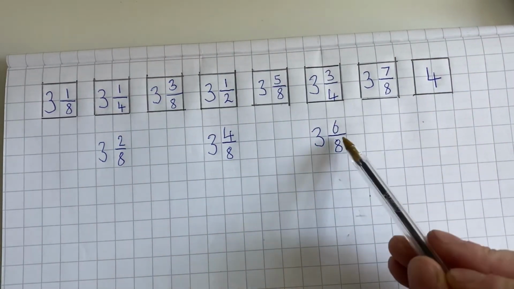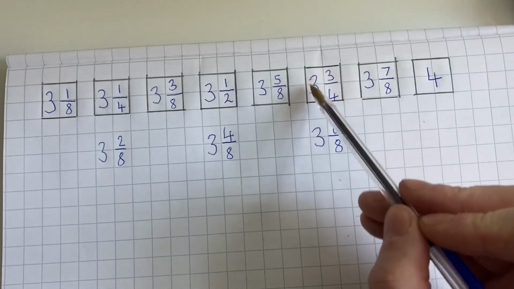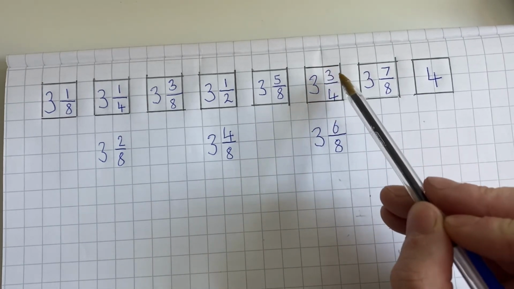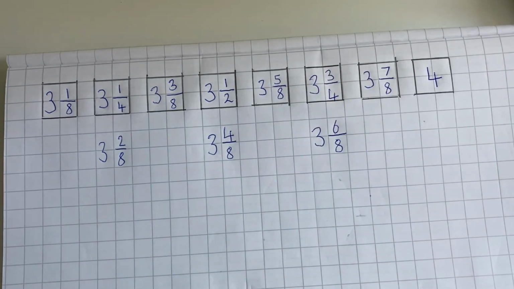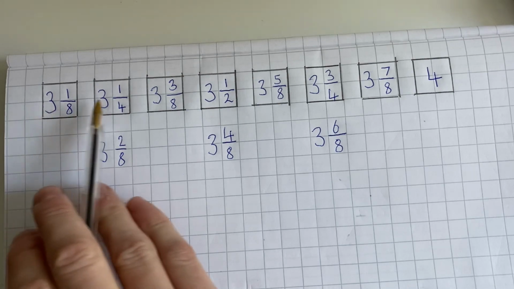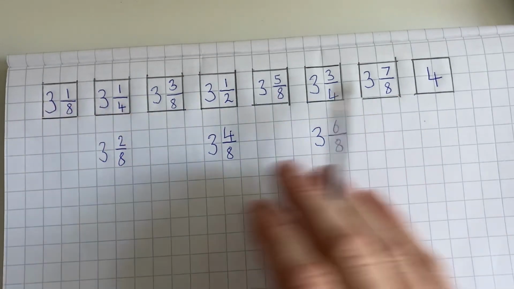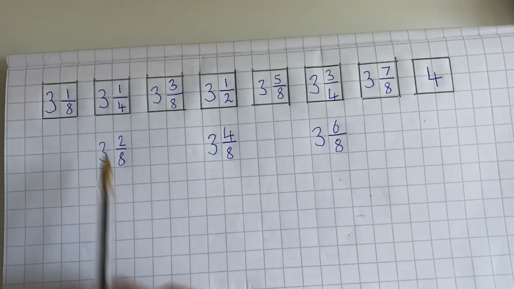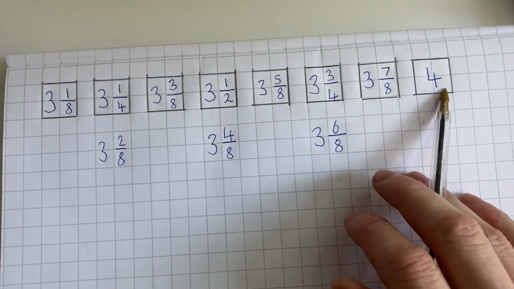If you put this answer here, this is correct, but this is also correct. Both of these fractions, 3/4 and 6/8, have the same value. So this is now our sequence order of fractions from smallest to largest, from 3 and 1/8 to 4.